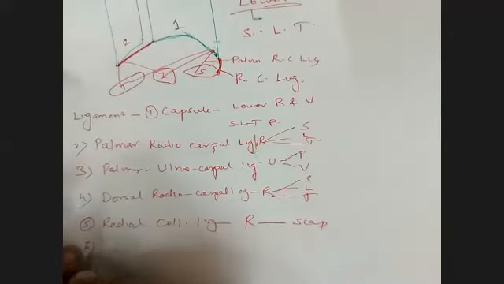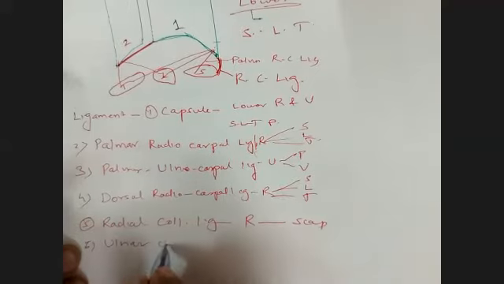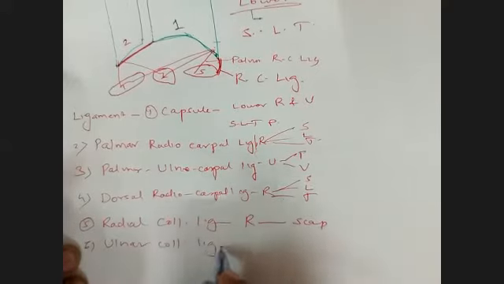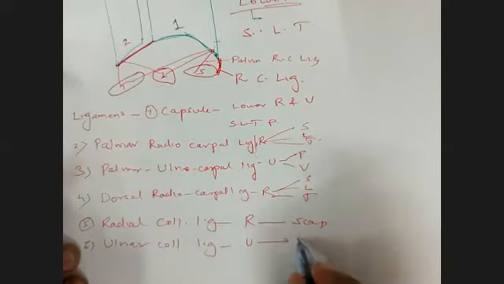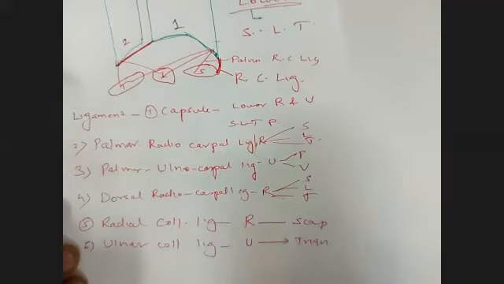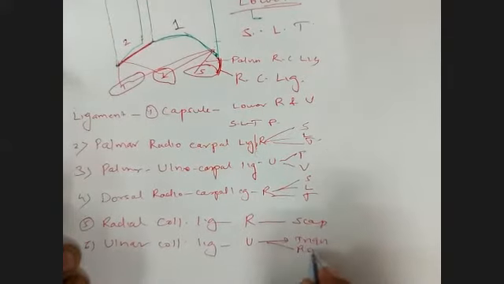And on the medial side, there is the ulnar collateral ligament. It starts from the ulna and goes to the triquetral and also to the pisiform.